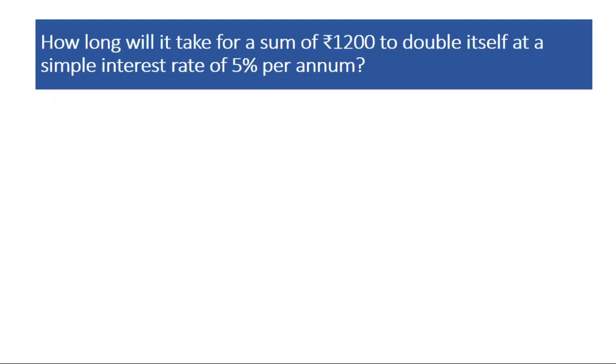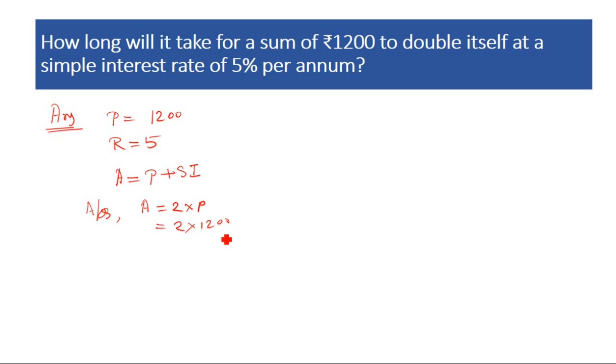How long will it take for a sum of 1200 to double itself at a simple interest rate of 5% per annum? P is equal to 1200, R is equal to 5. Total amount A is equal to P plus SI. According to the question, amount is equal to 2 into P, is equal to 2 into 1200, is equal to 2400.